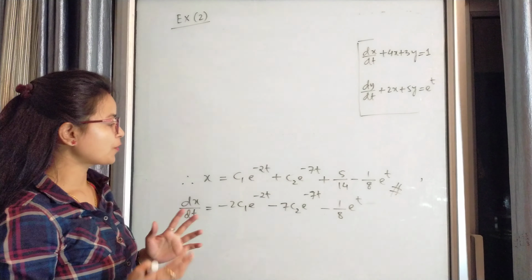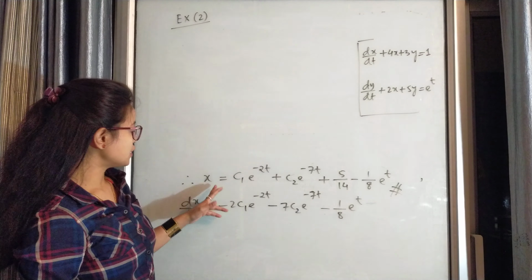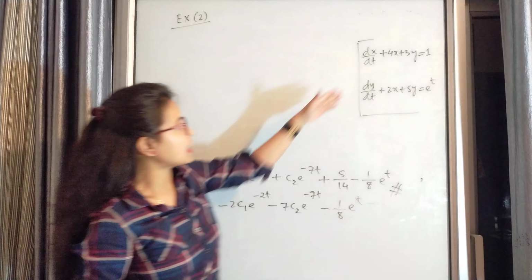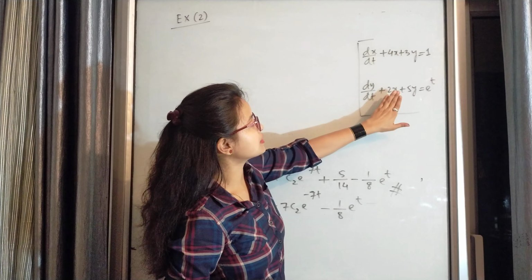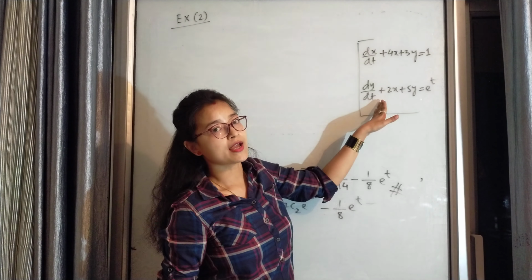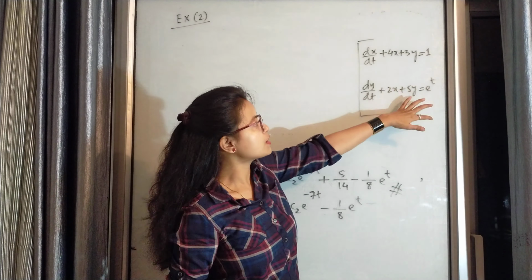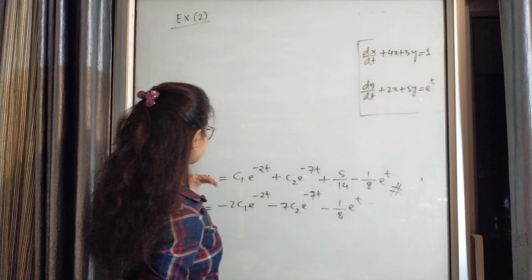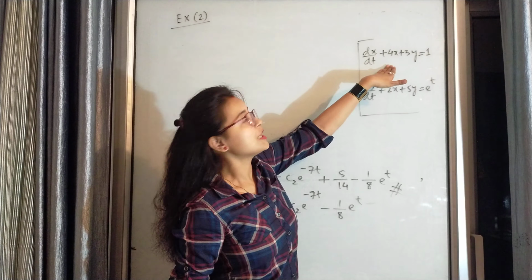Now to obtain the other dependent variable y, we can substitute this x and dx/dt in any one of these equations. But you can see, if you substitute in the second equation, then again you will get a differential equation in y. So instead of solving another differential equation, we can substitute x and dx/dt in the equation 1. Then easily we can find the y.